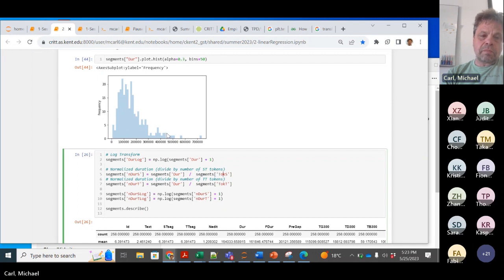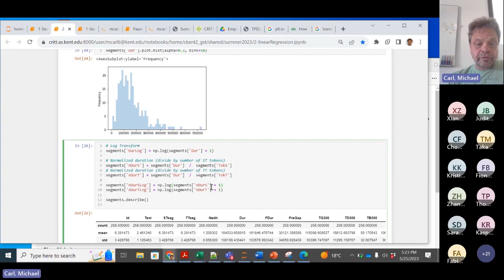Naturally, we can expect that if a segment is longer, it will take longer to produce a translation. And so we might want to normalize this duration by the number of source text tokens, or maybe by the number of target text tokens. And then we can still log transform this normalized version of it.